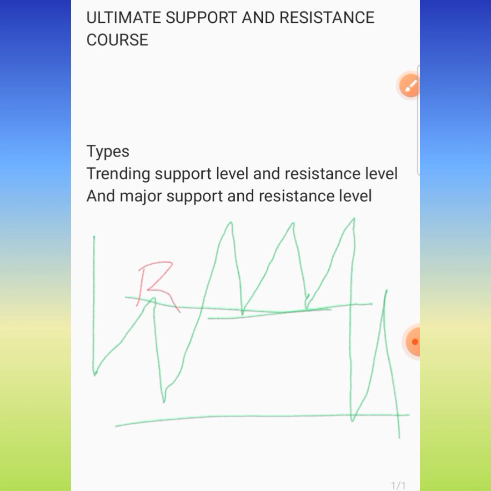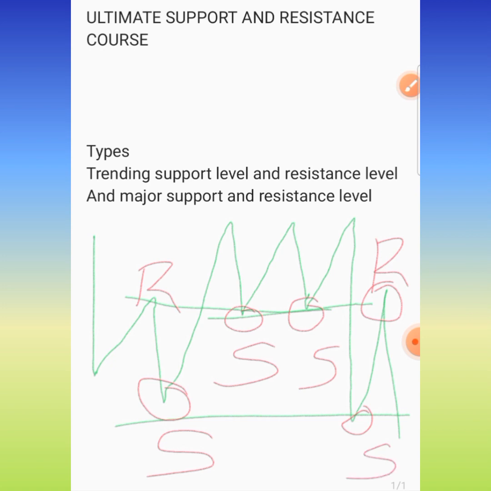But here is a support line. Here is a support line. Here it is a resistance line. So do you see what I mean by trending support and resistance levels?